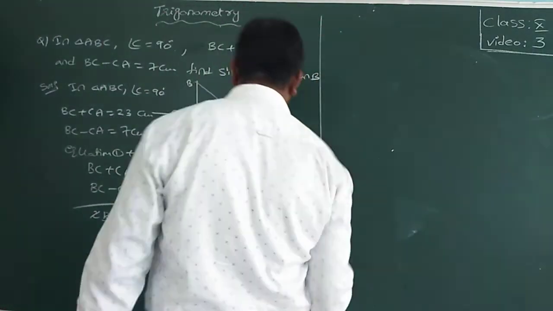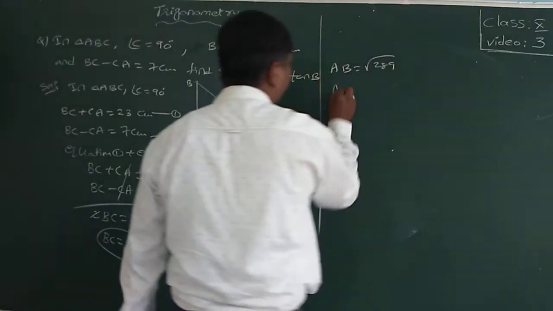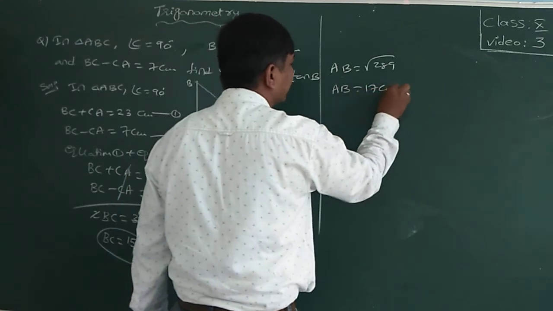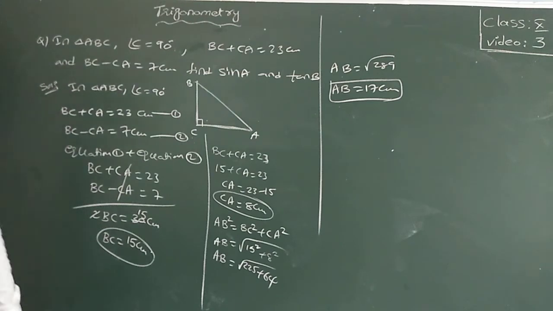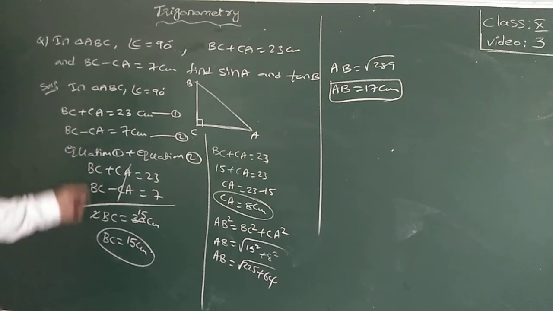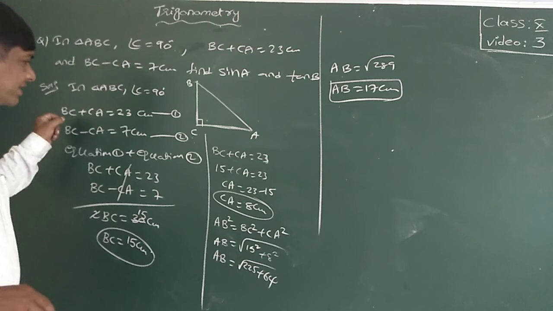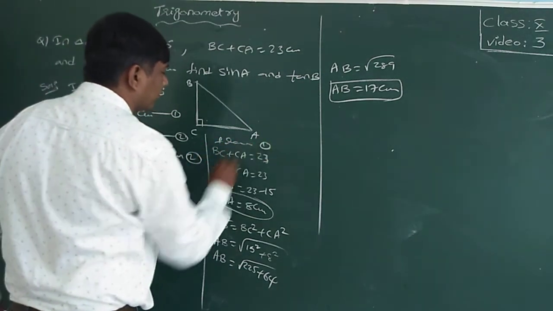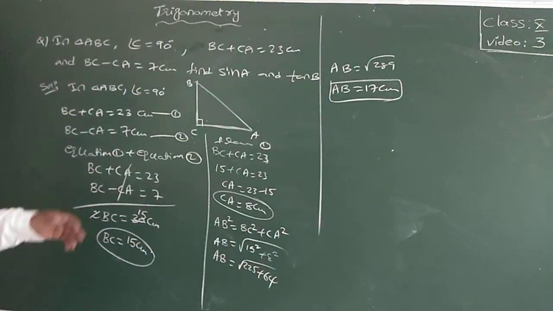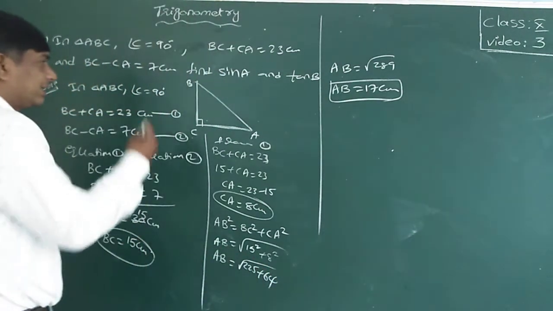AB is equal to 17 centimeters. With the help of these two equations, I got the BC value. Substituting this BC value in the first equation, I got the CA value. After that, I used the Pythagoras theorem directly, and then I got the AB value also.